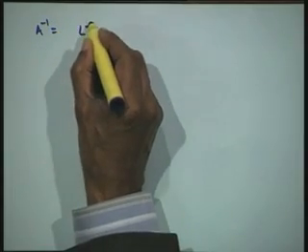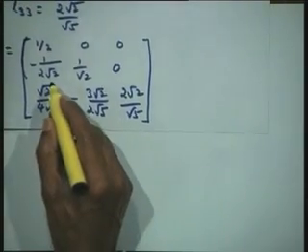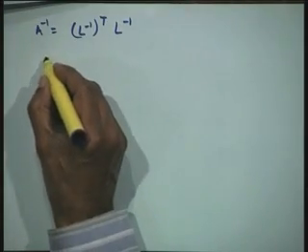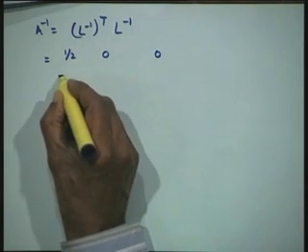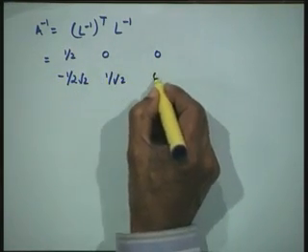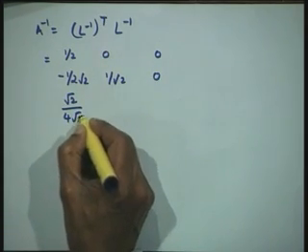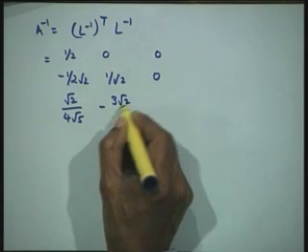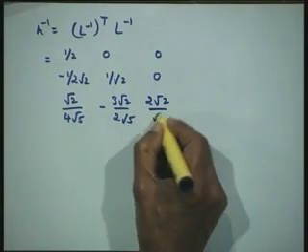Now, I write down the solution of the problem as A inverse is L inverse transpose into L inverse. So, I will invert this and write it as first matrix, that is equal to 1 by 2, 0, 0; minus 1 upon 2 root 2, 1 upon root 2, 0; root 2 by 4 root 5, 3 root 2 by 2 root 5, 2 root 2 by root 5.